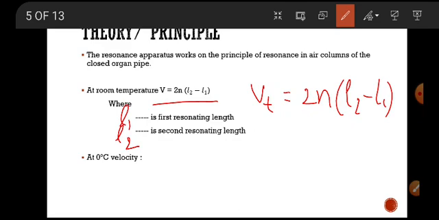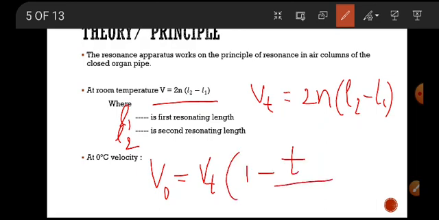So from this equation, the relation for the velocity of sound at 0 degrees Celsius is V0 equals Vt into (1 minus T by 546).